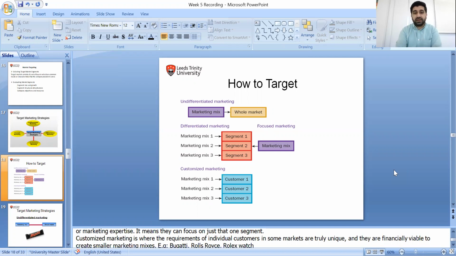For example, Bugatti, Rolls-Royce, and Rolex watches are examples of customized marketing. They have limited customers, they prepare their cars as per the customers' demand, and they sell them. These customers are financially strong.